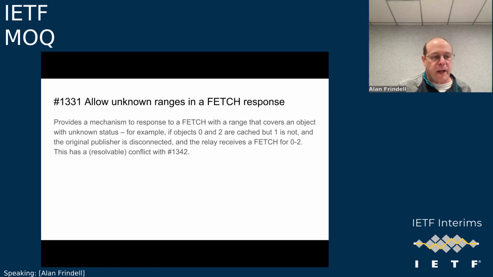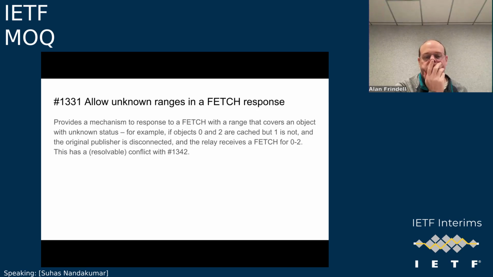I see a couple of comments. Suhas, go ahead, and then I'll see more comments. I just wanted to ask, at an API level, what's an application to expect? I think we need to be clear that when a fetch hits a relay and the relay does not have the information, it has to reach out to the origin publisher wherever it is to find the answer for the range. And the answer the fetch gives is that if there's a range and there are no objects in between, it's a sure shot that you don't expect objects to be there because they no longer exist.